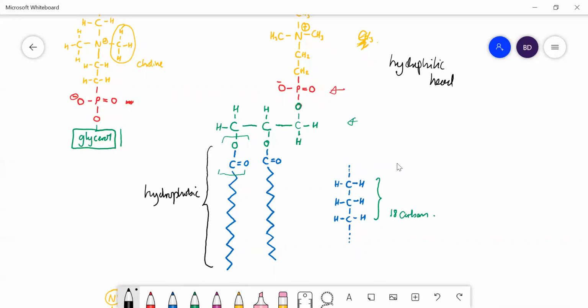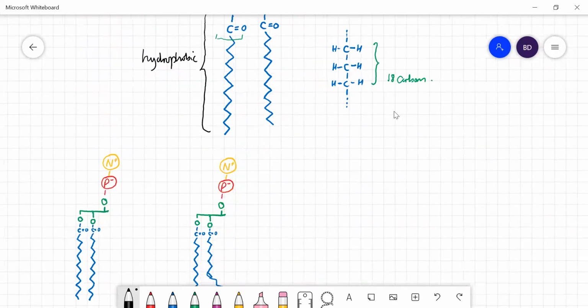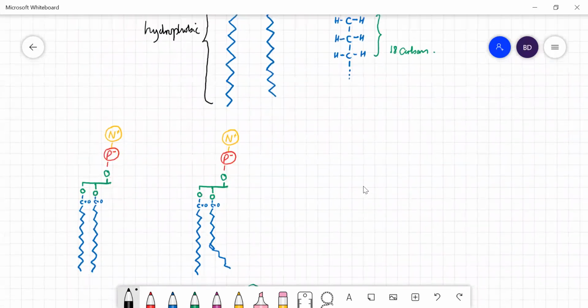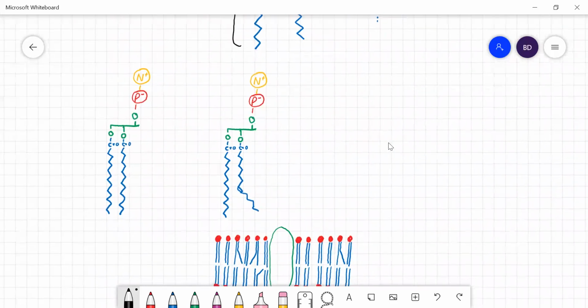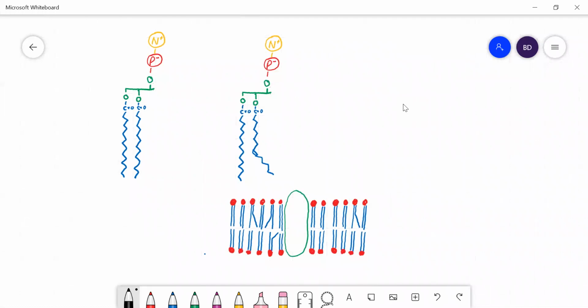So that's a phospholipid molecule, and they're really very important molecules because they make up cell membranes. Anyway, we'll talk about that in 1 minute. You can see the picture of the cell membrane coming up here. So let's have a look. That red bit is the hydrophilic head.